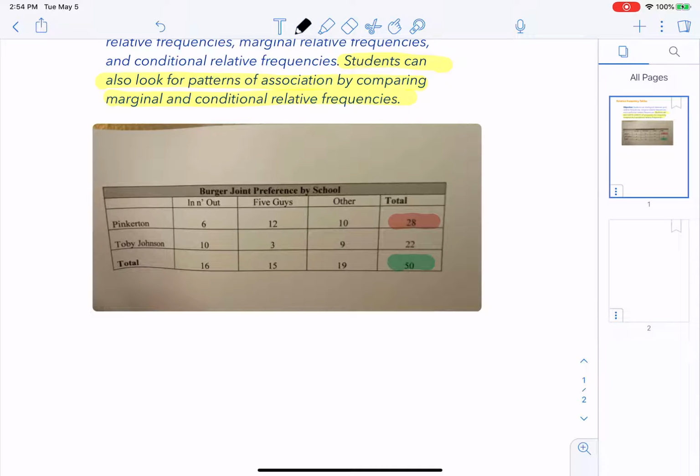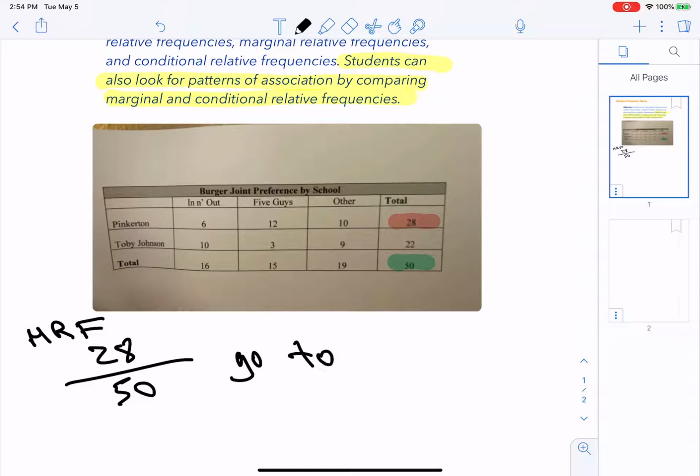So we can express that as a percent. That's going to be 28 out of 50 students. Again, this is a marginal relative frequency.